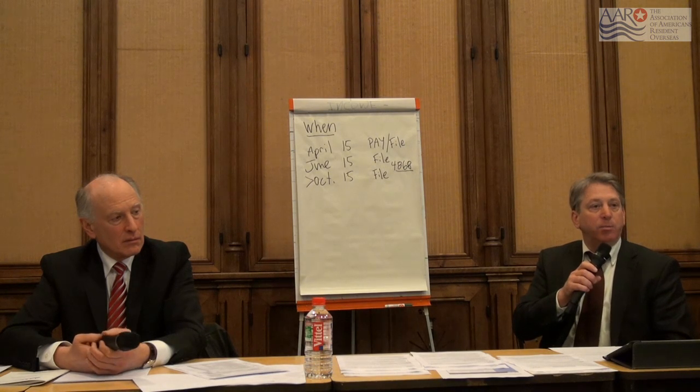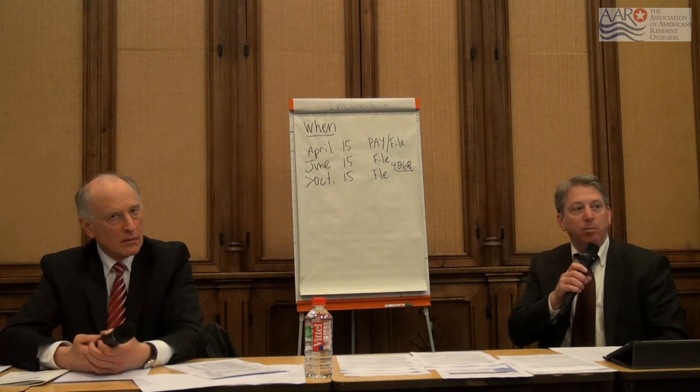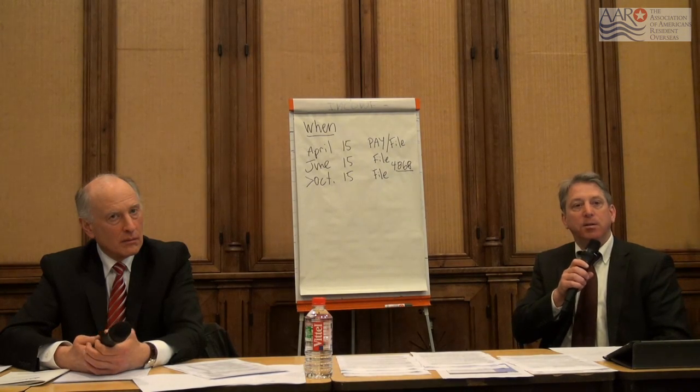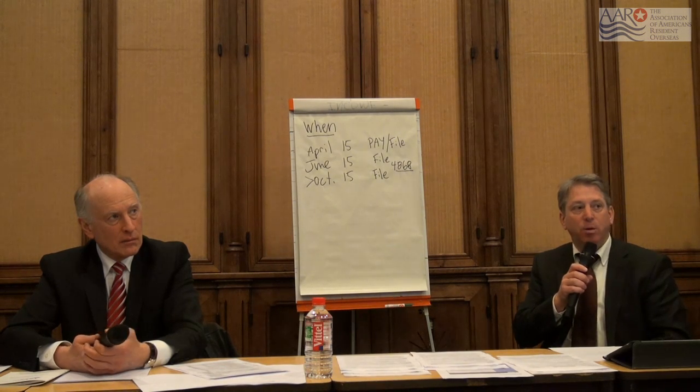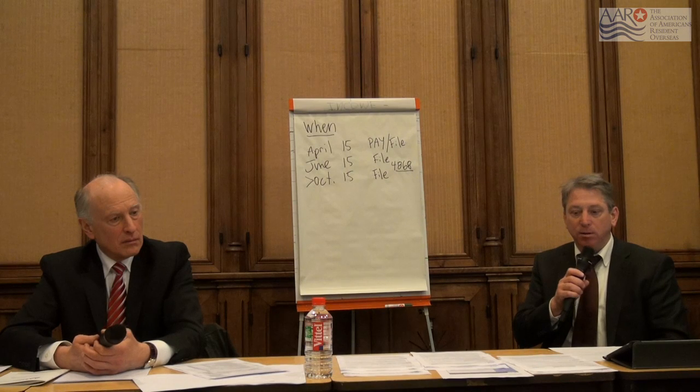So as opposed to the French, you have a little bit more breathing space, at least to try to go through this very obtuse process of filling out these forms.